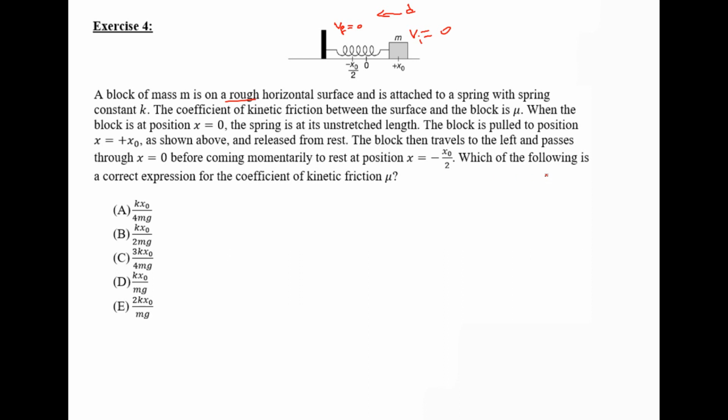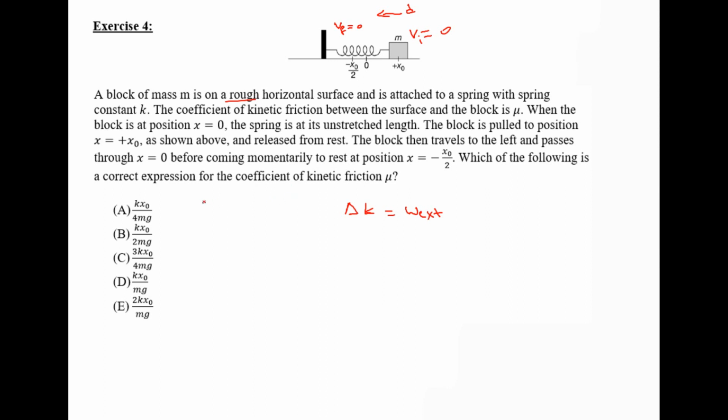So we're interested in the kinetic friction mu. You might think about it as two approaches: an energetic approach using the work energy theorem, or Newton's second law. Newton's second law here would be super difficult, so we're going to do the work energy theorem, which is delta K equals the work done by the external forces.